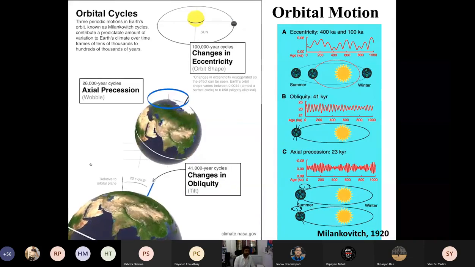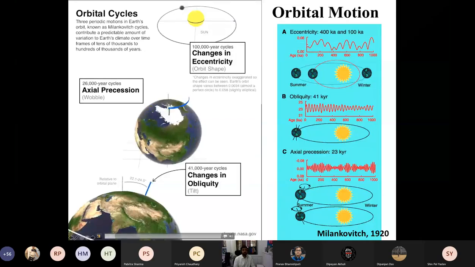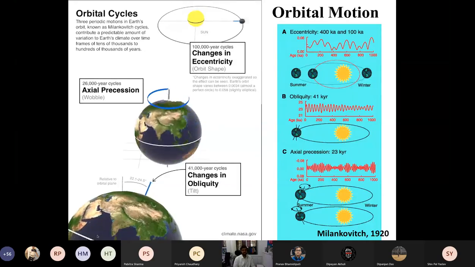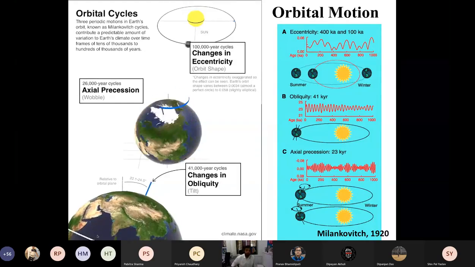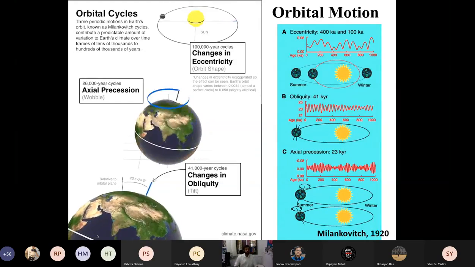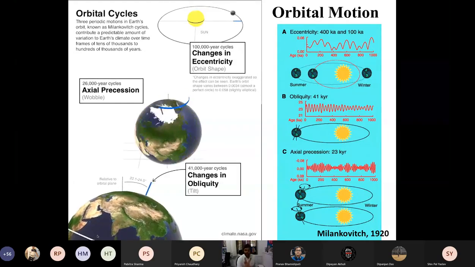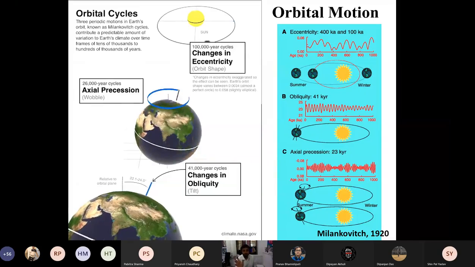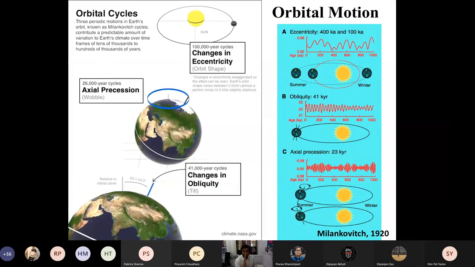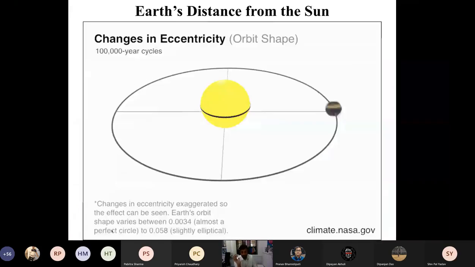It can either be circular or elliptical. Second is the axial precession, which is the change in the wobble of the planet around its own axis. And the third is the obliquity, which is the change in the angle to which it's tilted. So there are three particular parameters in orbital motion we have to be cognizant of.